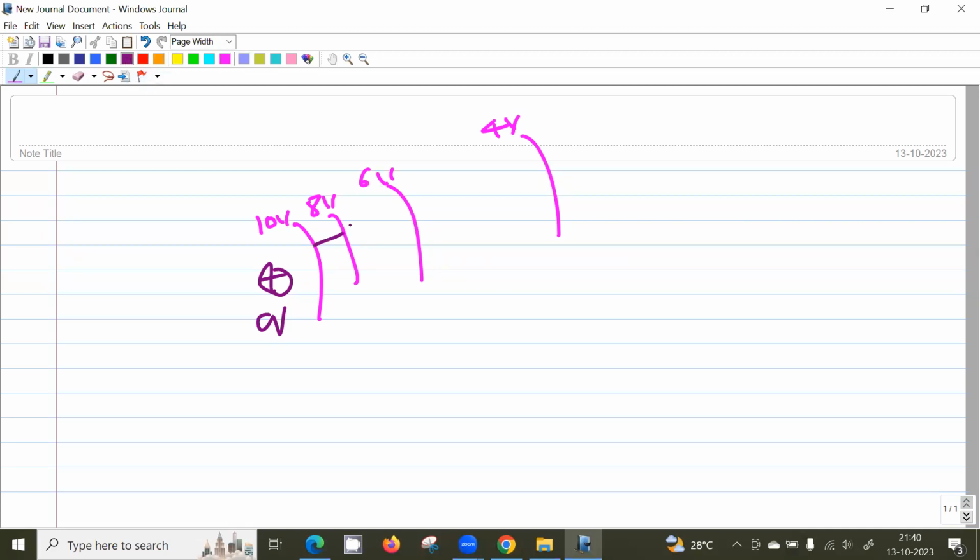the electric field is the gradient of potential, minus dV by dr. At this point, over this much distance, I'm getting a drop of 2 volts. But the same drop of 2 volts I'm getting over a larger distance here. So the electric field at this point, say E2, and the electric field at this point E1. Since dr is small for this first part, E1 will be greater than E2. Then we take the third part.